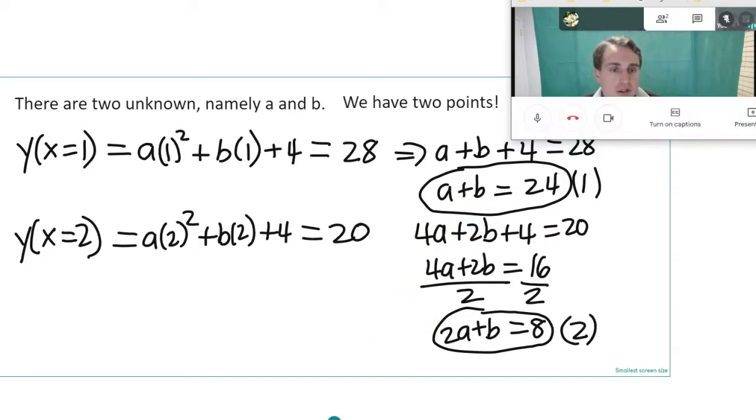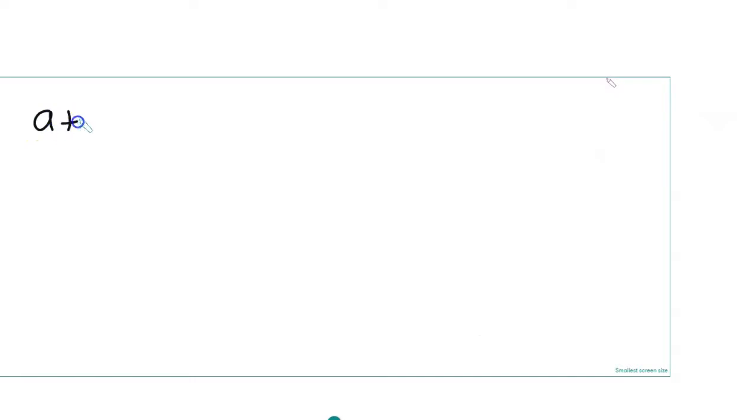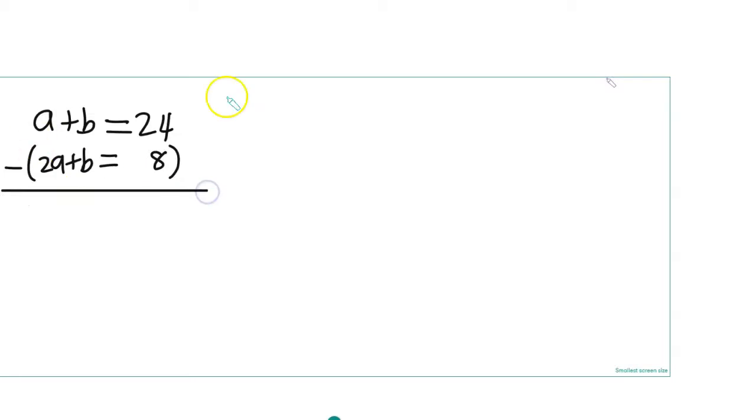Remember we've talked about this? If I have a plus b equals 24, and we subtract 2a plus b equals 8, what happens to the b's? Right, the b's cancel. So we get a minus 2a, that's negative a.